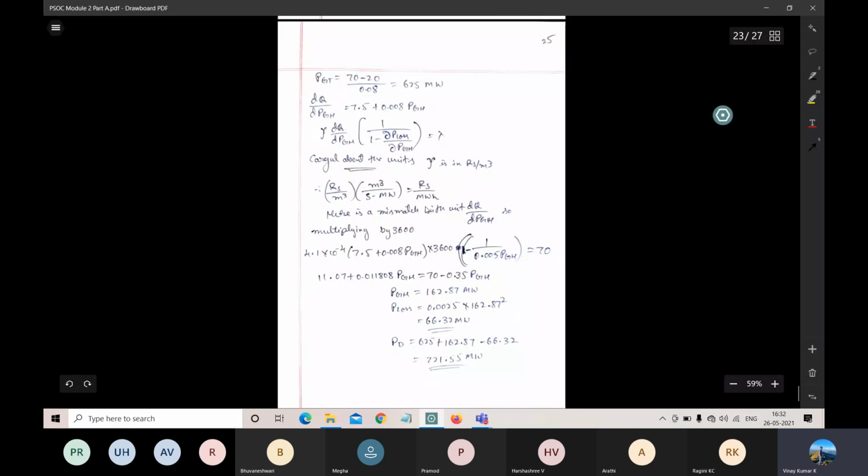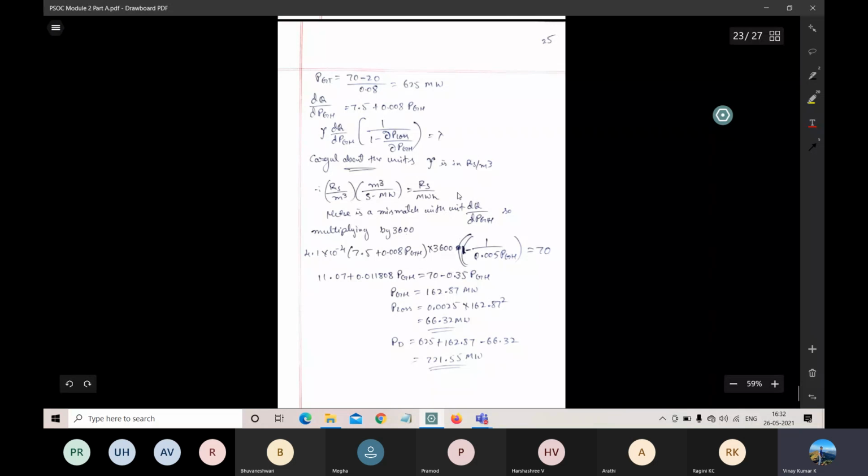Why are we solving this? Because he has not given the value of dou P loss by dou PGH, so we have to recalculate it using the units. When some terms are not given, just look at the units, and you will see what the missing term is.